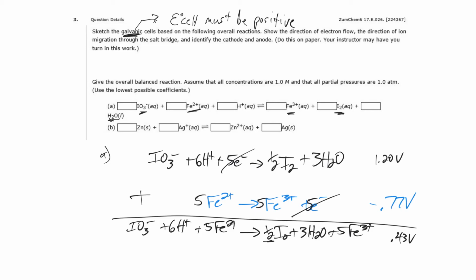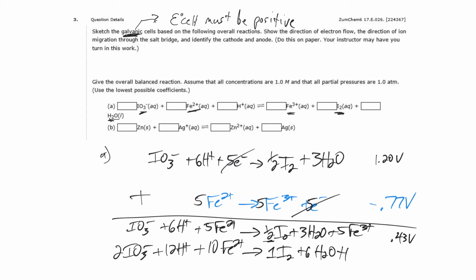So instead of 1/2, multiply everything by 2, and we have 2 iodate and 12 hydrogen and 10 iron 2 ions and a full 1 iodine molecule. That does not affect the voltage. It remains 0.43.